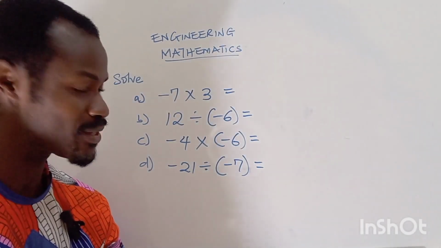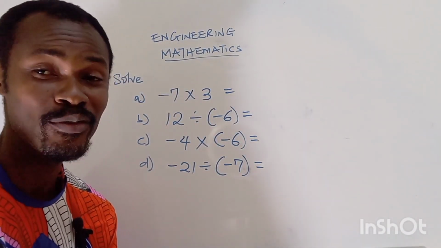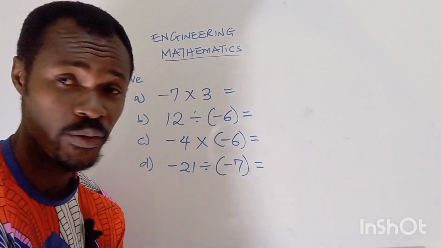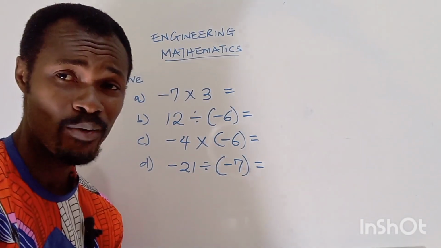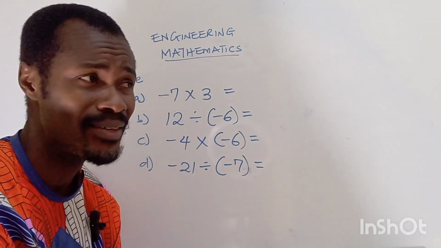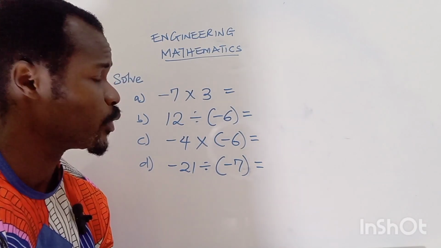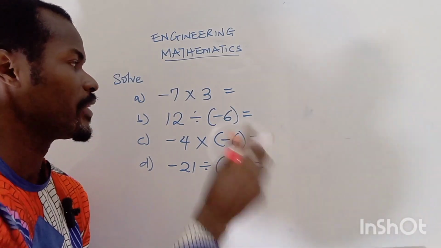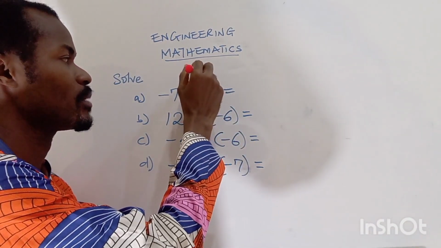Once more, let's look at problems that have to do with multiplication and division in this one video. Alright, so the first problem we have is minus 7 times 3. So how do we go about doing that? The idea is, 3 here is still plus 3.